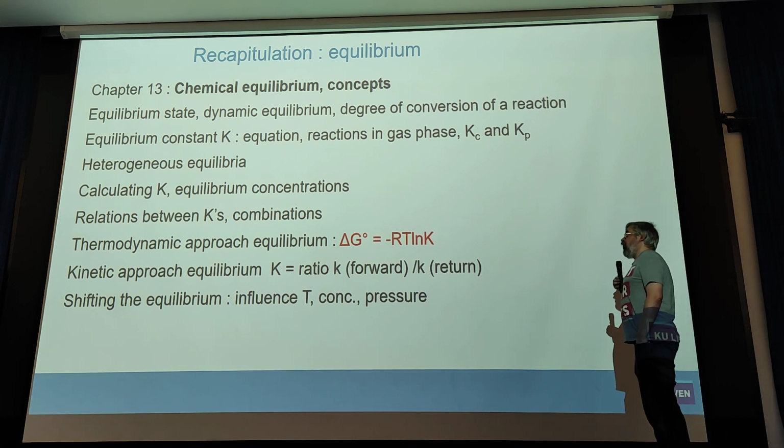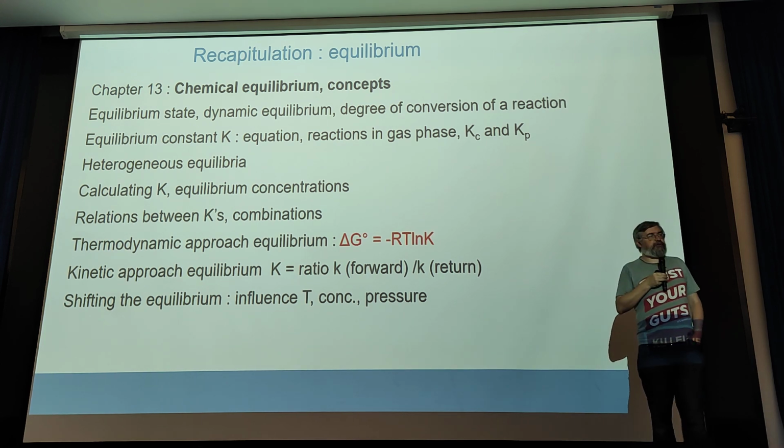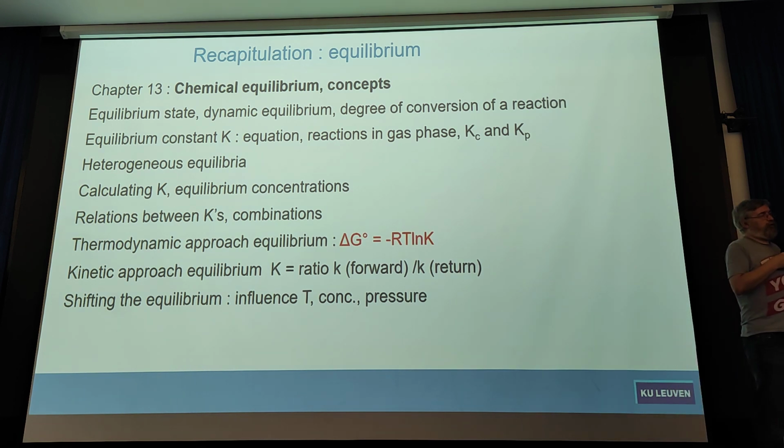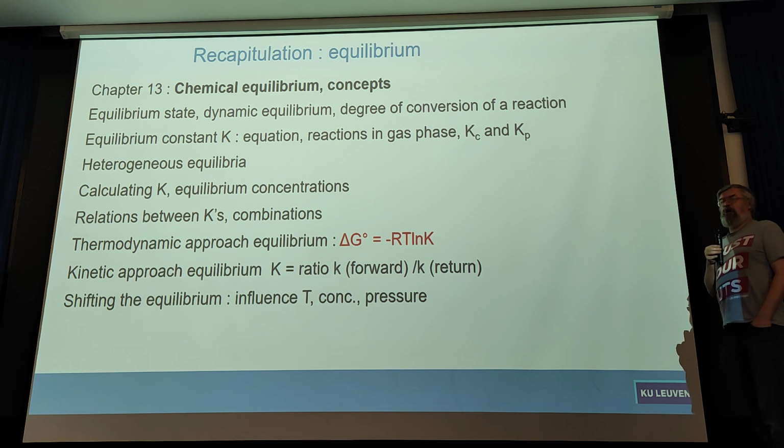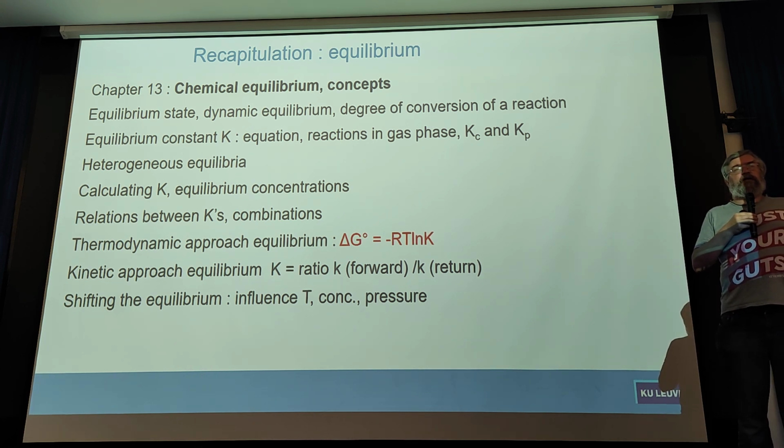We have learned also how we can use K, the equilibrium constant, to do calculations. For instance, the concentrations that we have of both reactants and products in such a mixture. We have seen also how we can thermodynamically combine equilibrium constants.